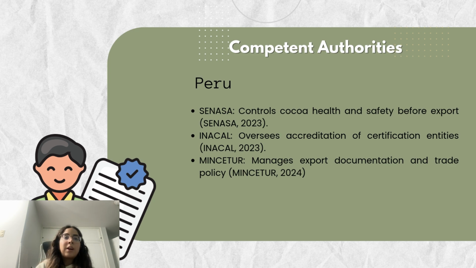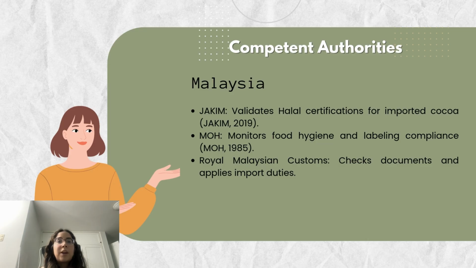And MINCETUR handles all the trade procedures and documentation. In Malaysia, JKIM checks that imported cacao has a valid halal certification, while the Ministry of Health verifies labeling and hygiene compliance. Finally, the Royal Malaysian Customs Department controls all the documents at the port and applies import duties.